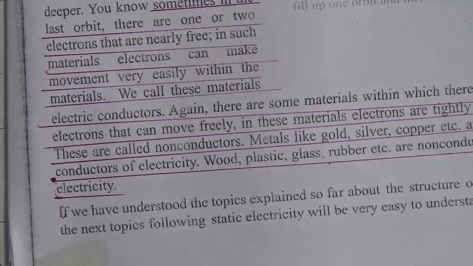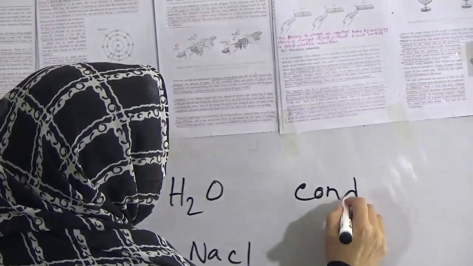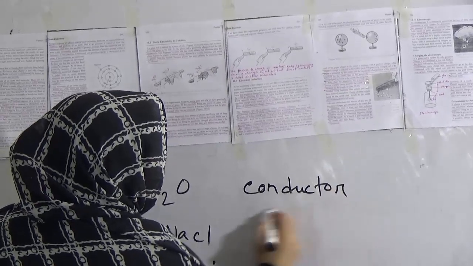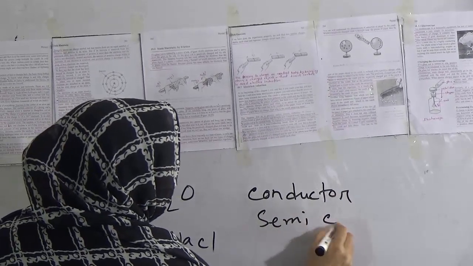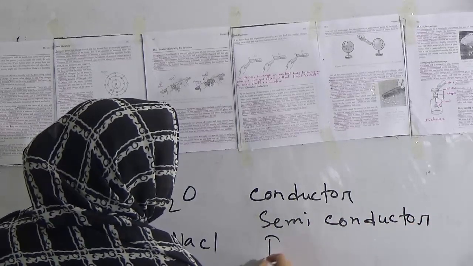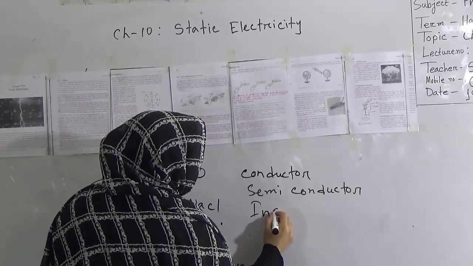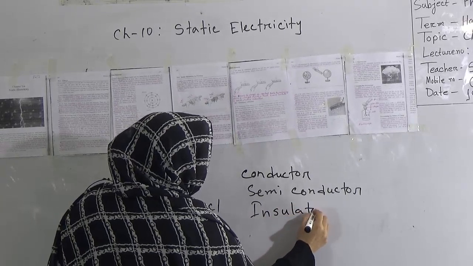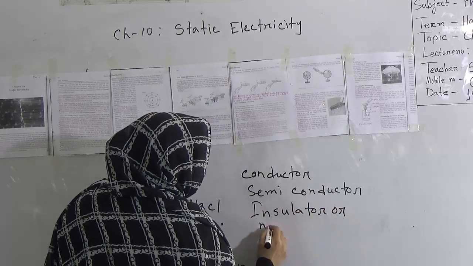So my dear students, we know that there are 3 types of material: conductor, semiconductor, and insulator, that means non-conductor.